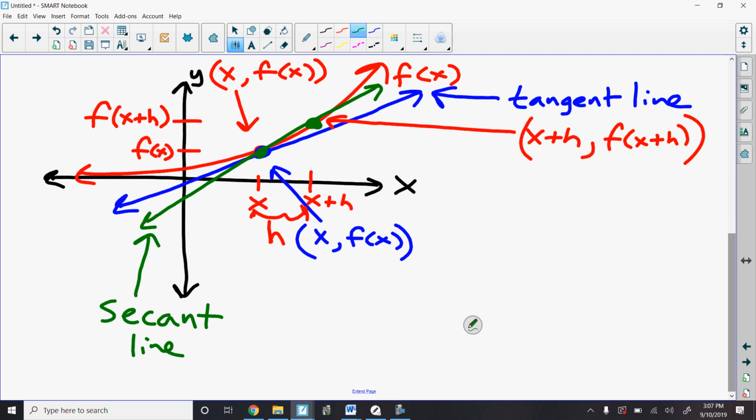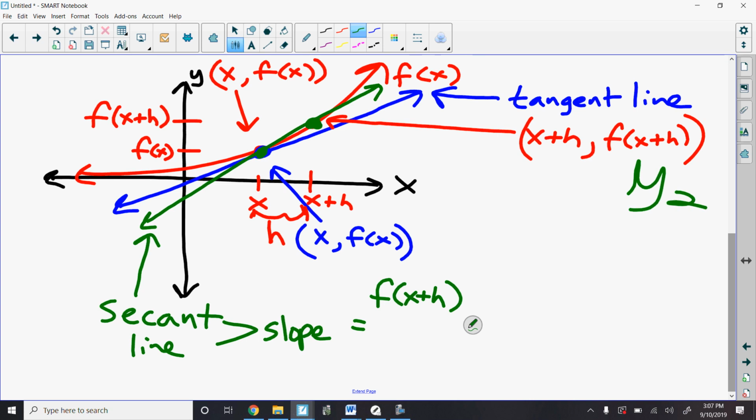If I wanted to write a formula then for the secant line slope, so this slope right here, would be equal to the change in y. Well, that would be f of x plus h. This is like y2. This is like y1. So minus f of x, change in y, over the change in x.